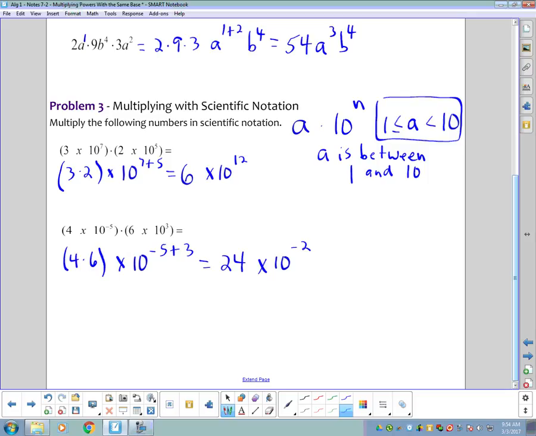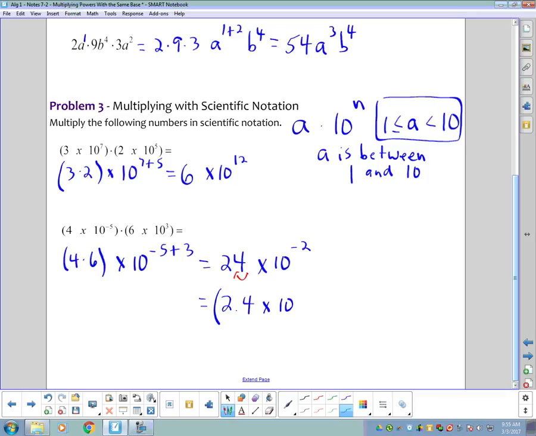So what I need to do right now is I have a decimal point at the end of 24. That's where the decimal would be if I were to write it. Okay? Which direction does the decimal need to move? Left. So it would need to move 1 to the left. And if I do that, it gives me a new number, 2.4 times 10 to the, let me ask you this.